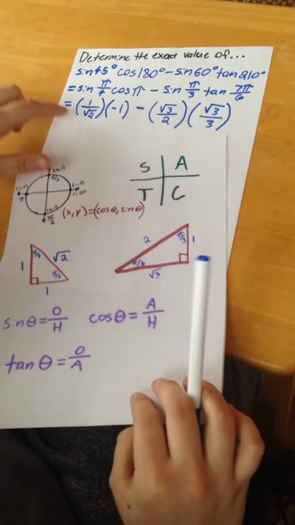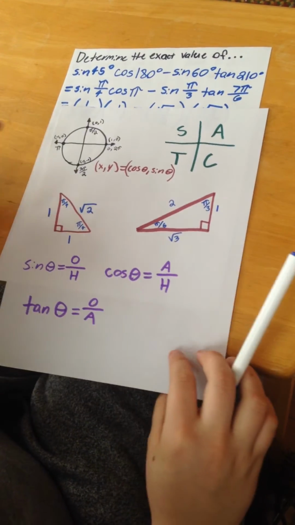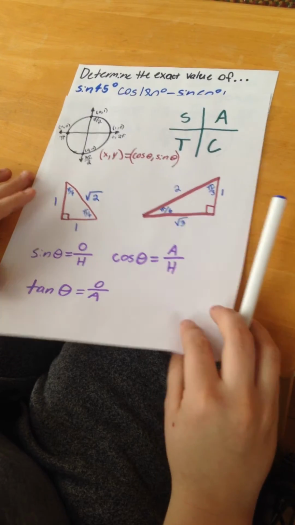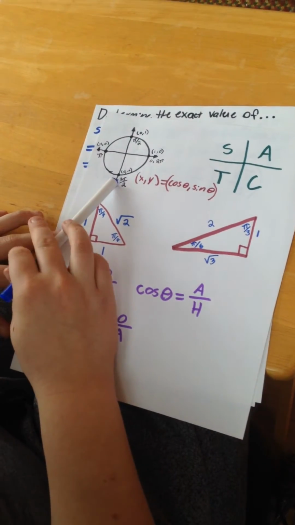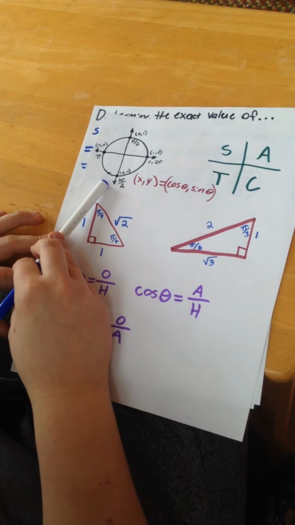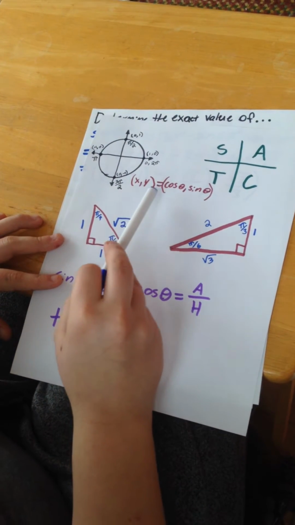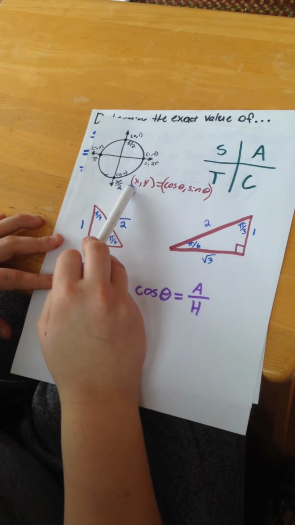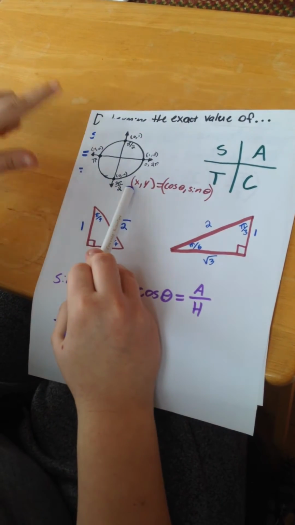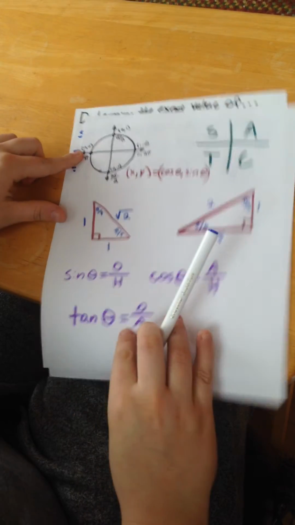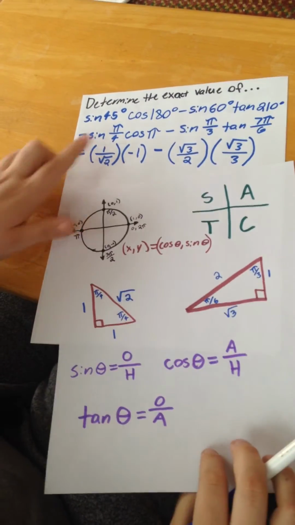So it's just 1 over root 2. And for the cos pi, we know pi is in our special unit circle. We also have to remember that cos is equal to x. So we look for pi, which is here, and we look at the x value, which is -1. And that's how we got that value.